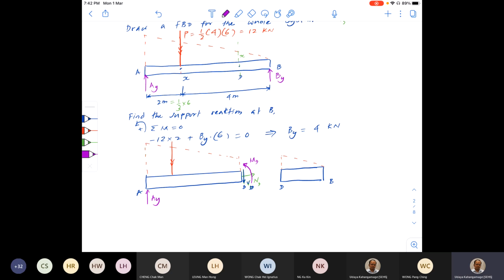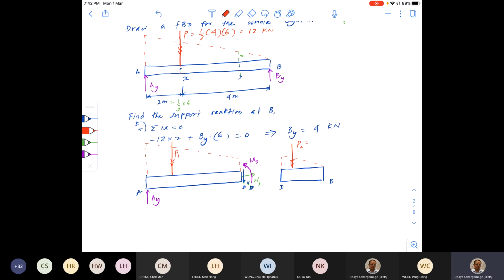So on the DB side also, first we mark our resultant force as a point force here. Let's mark it as P2, this one as P1. So P2 you should be able to find out, and the exact location of P2 also you can say now, because we know for a triangular distribution it is 1/3 from the base.